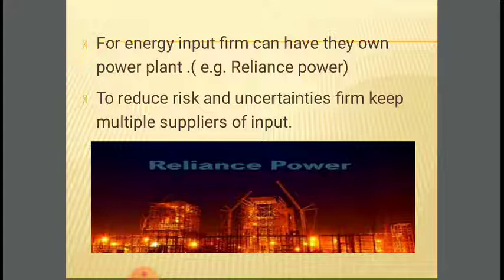Now these two strategies of backward integration and setting up power plant, these are the solution for the big firms. Then what can be the solution for small firms? Here it is written, to reduce risk and uncertainties, firm keep multiple suppliers of input. That can be done by the small organization.